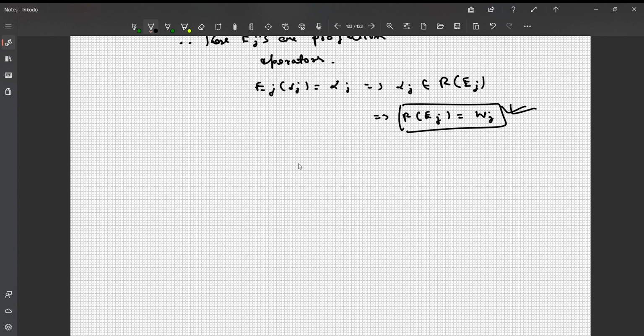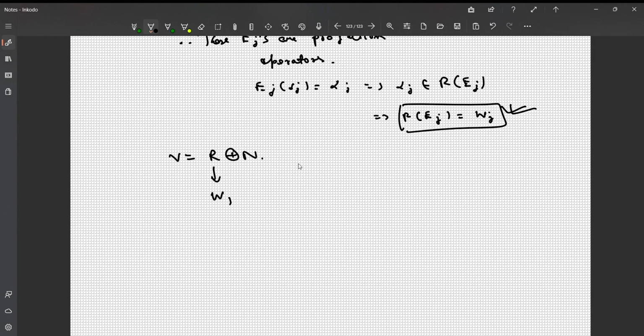Further, observe what is the null space of Ej. V can be written as the range space direct sum the null space.